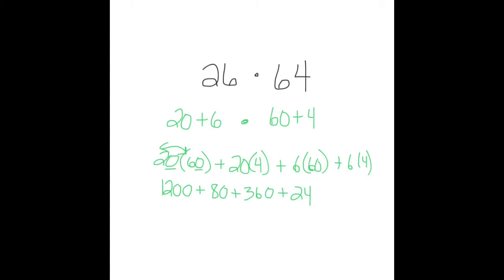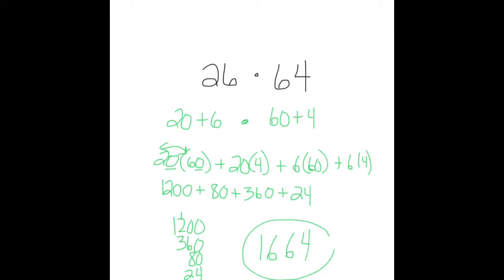So when I add these up, and I'm going to stack them up just so you can see, that might help you add them all together. I end up with 4, 8, 10, 16, carry my 1, 6, 1.